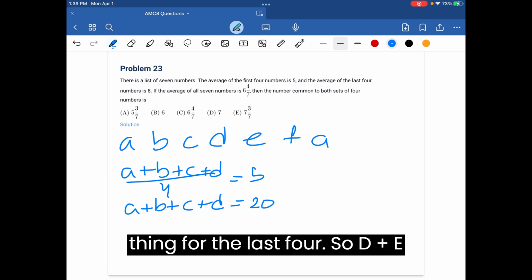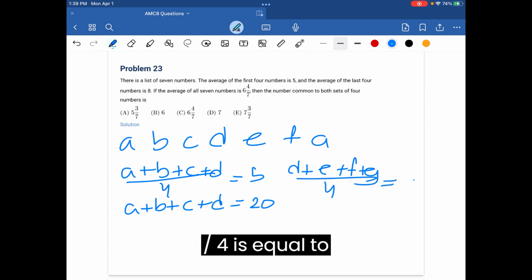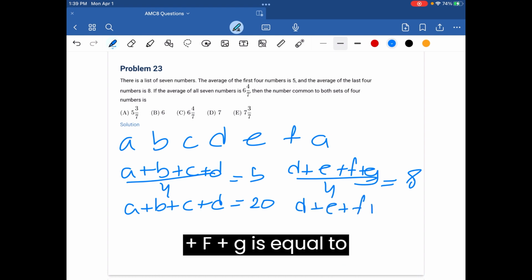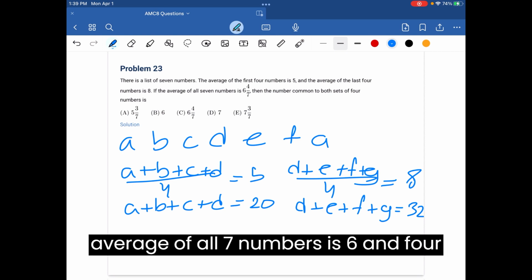And then same thing for the last 4. So D plus E plus F plus G divided by 4 is equal to 8. And then D plus E plus F plus G is equal to 32. And then it says the average of all 7 numbers is 6 4/7.